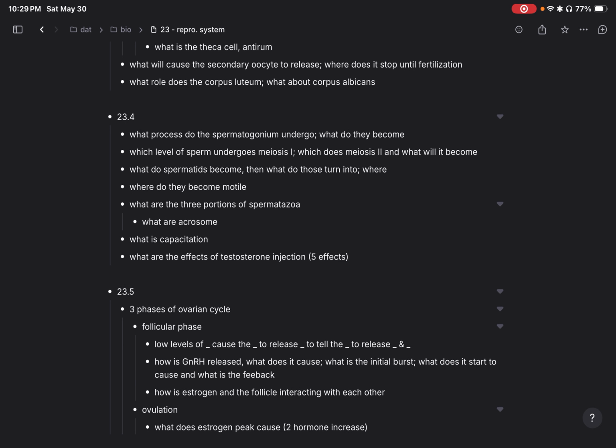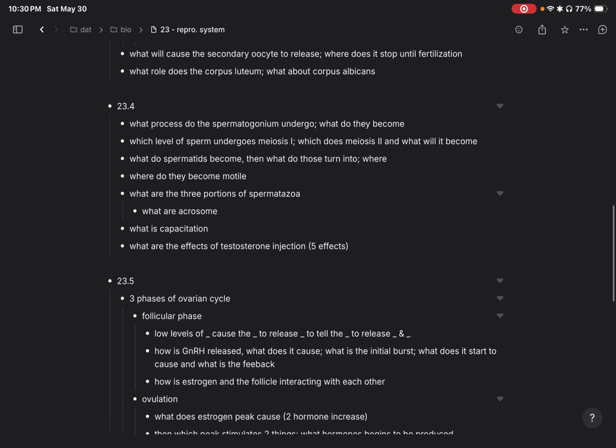Oh, it's just the difference in plural, bro. What the heck? Okay, so spermatogonium and spermatogonia are the same thing. One's plural and one's not. So they're going to undergo mitosis. They're going to differentiate into primary spermatocytes.